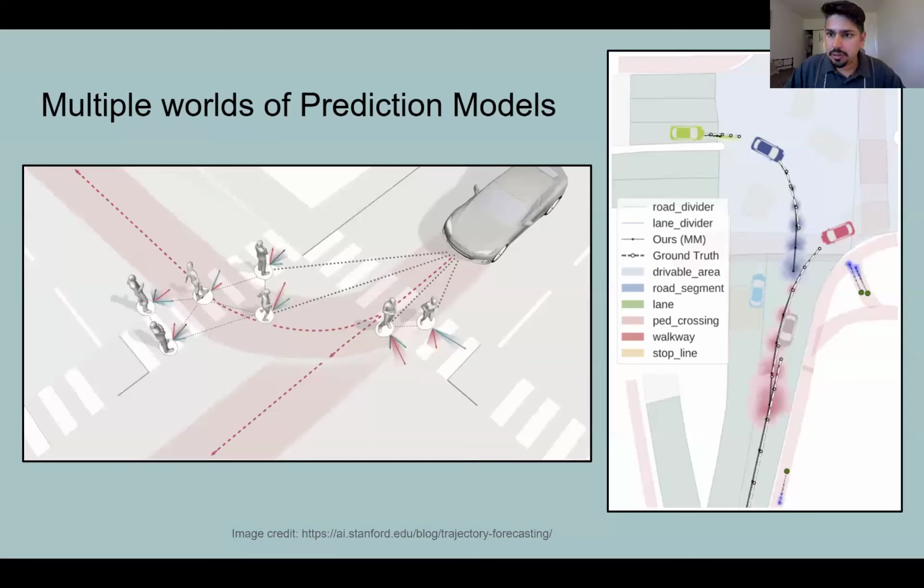So coming back here, we now see what the important modules are that we have, and prediction is the first one that we care about in this system. So what is prediction? We are trying to predict the future of all of the agents that we care about. It's important to understand that inherently it's a prediction, so it cannot be deterministic. The world in which this happens is a probabilistic world. You have different paradigms.